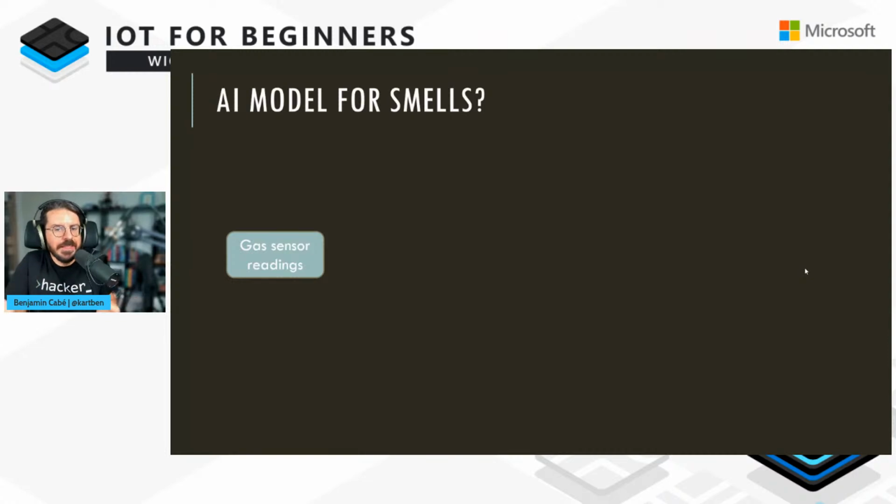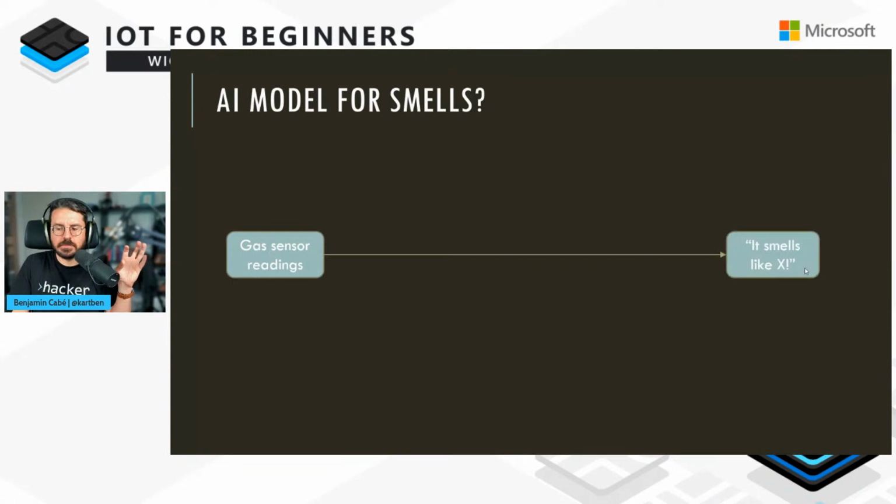And so the only thing that I wanted to do really was take those sensor readings and turn them into predictions. Like if my sensor reading is this, then it corresponds to this particular sourdough, to great sourdough, or it corresponds to sourdough that's not exactly ripe, and et cetera, et cetera.